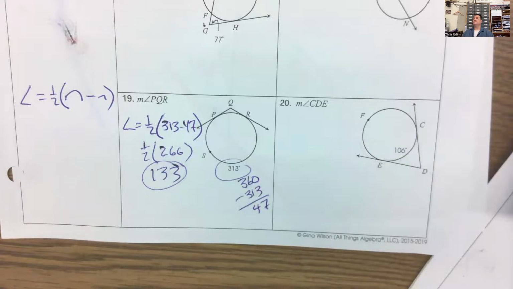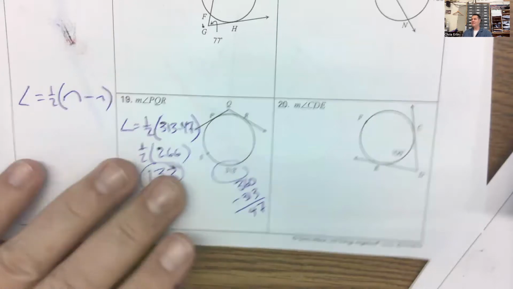Subtract them. What do you see? It's kind of an interesting number, isn't it? What's 313 minus 133? 180. That's a big number in geometry.